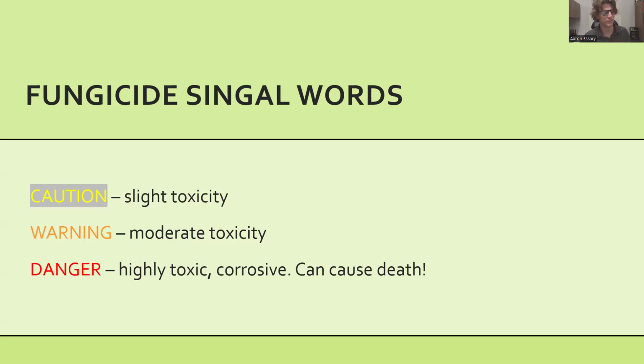Okay, signal words. Every fungicide has one. You're either going to have a caution, a warning, or a danger. Caution is slight toxicity. Don't touch it, but if you do touch it, it's not the end of the world. Wash it off, soap and water, clean yourself up. Warning is moderate toxicity. It will still harm you, but just be careful. And then danger is highly toxic or corrosive.